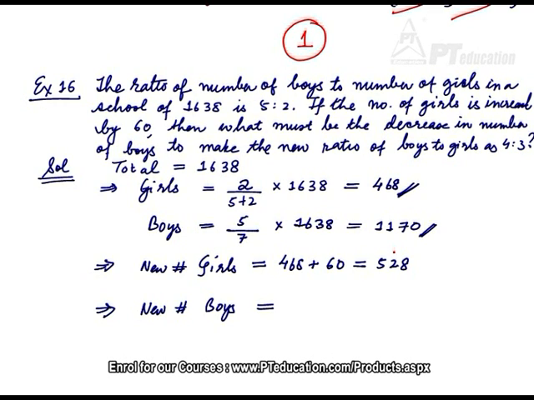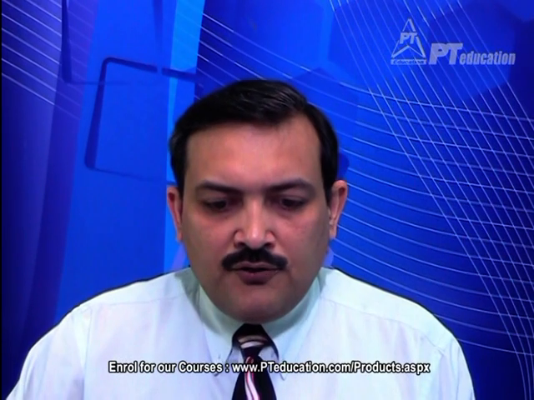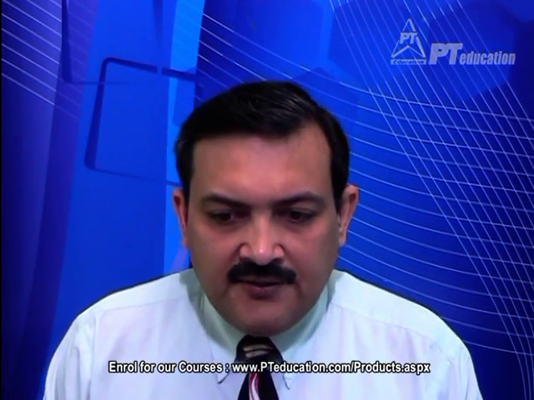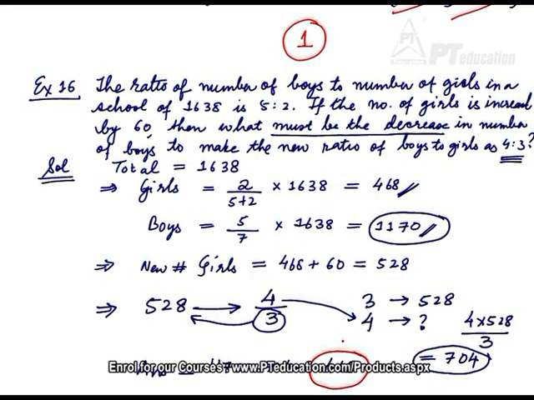Now, the number of girls is increased by 60. So it will be 468 plus 60, which will be 528. Now, if you look at 528 girls, and compare it with the new ratio of boys to girls, 4:3, 528 corresponds to the denominator, which is 3.